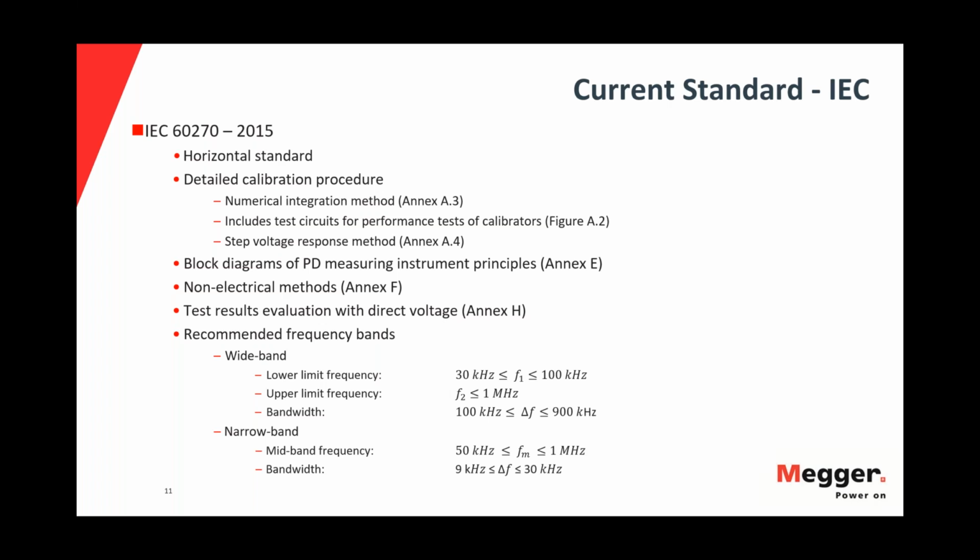If you are measuring at 50 megahertz, the location of PD will be limited to the nearby area. But if you reduce to 1 megahertz and below, you can cover the whole area.